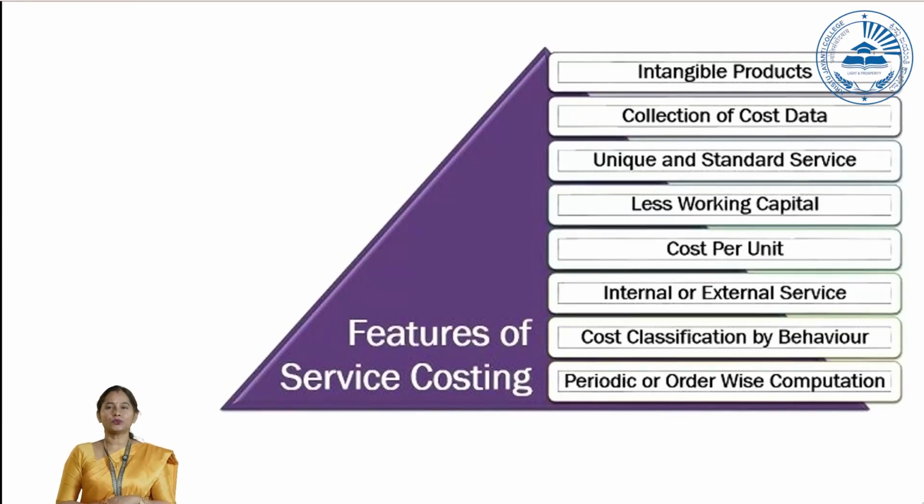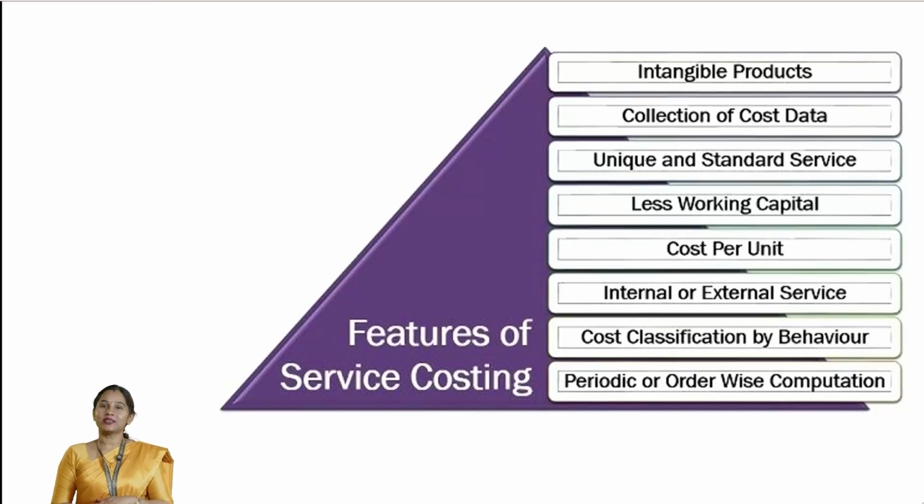Fourth, less working capital. Fifth, cost per unit. Sixth, internal or external service. Seventh, cost classification by behavior. And last, the eighth one, periodic or order-wise computation. We'll see them one by one now.